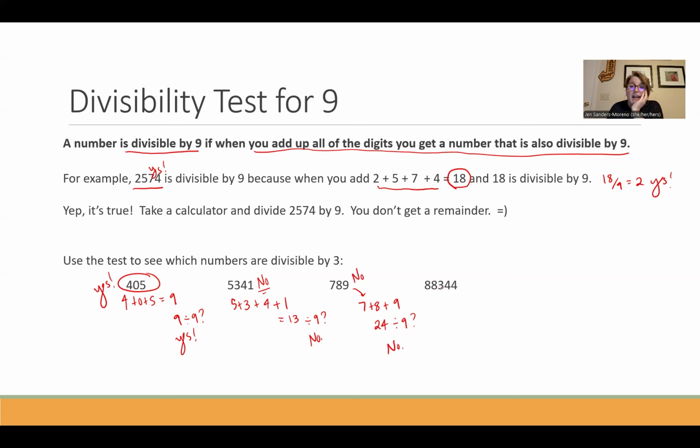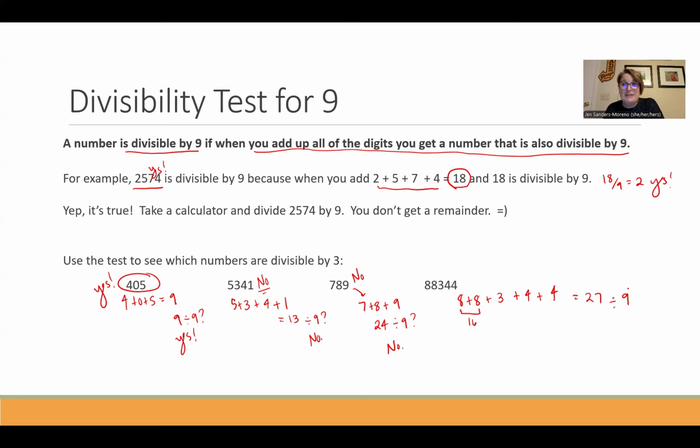Okay. All right. We got one more. 8 plus 8 plus 3 plus 4 plus 4. Holy cow. This is going to be some work. All right, let's see. I got 16. Plus 3 is 19. 8 more is 27. 27 is divisible by 3. Or sorry, divisible by 9.